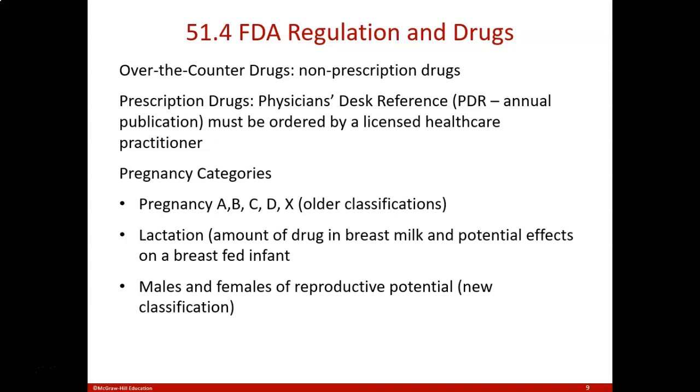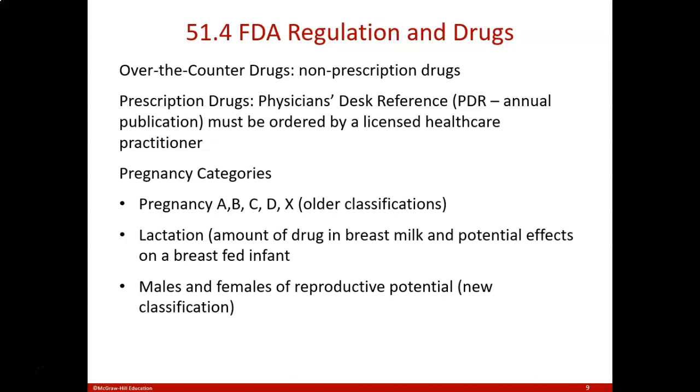D and X are definitely ones that you want to avoid. D is a category saying that in moderate or large amounts it could cause a problem. X means it definitely will, and you don't want to take that drug and get pregnant. Okay. They've actually changed the category a little bit.